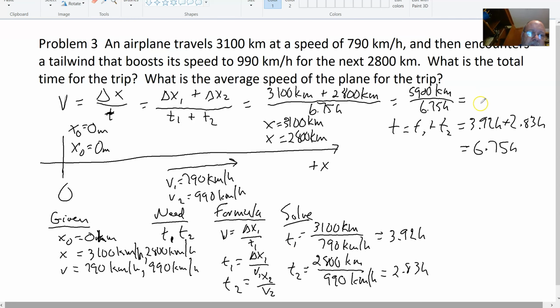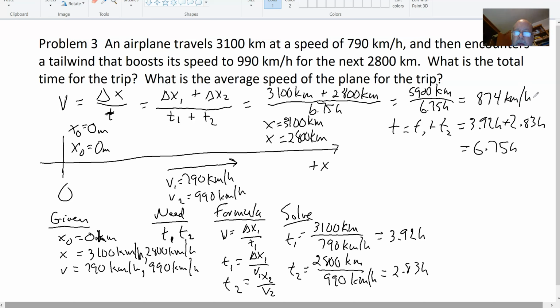And that gives us 874 kilometers per hour. So that's our average speed, which is what we were asked for.